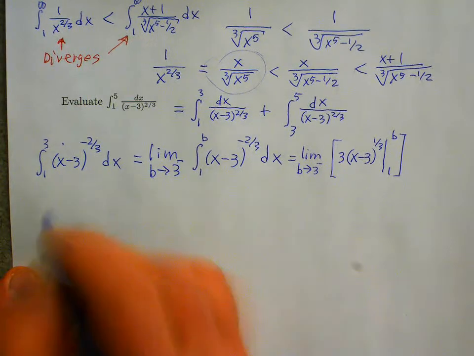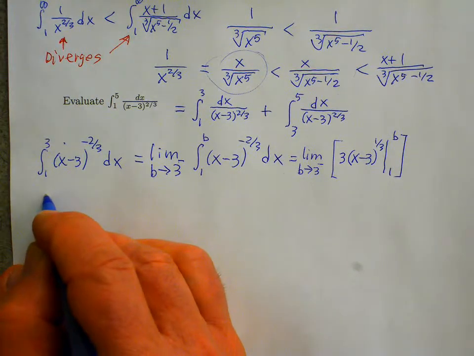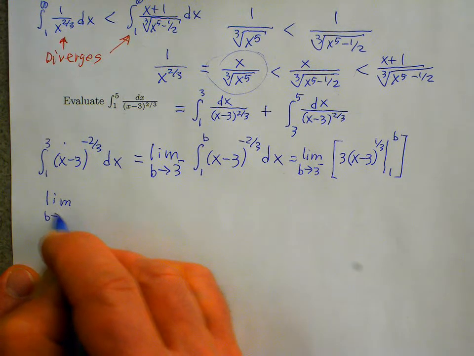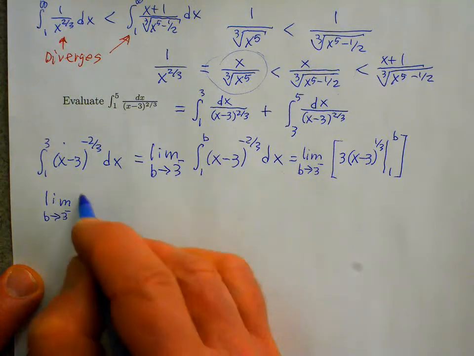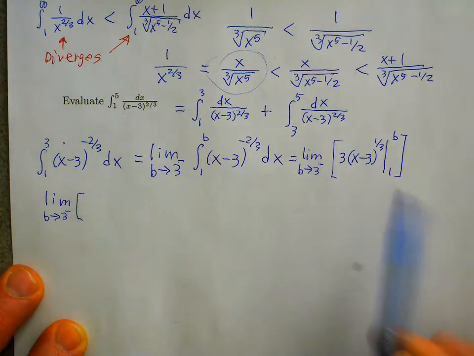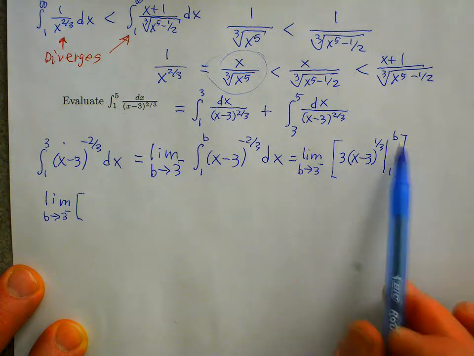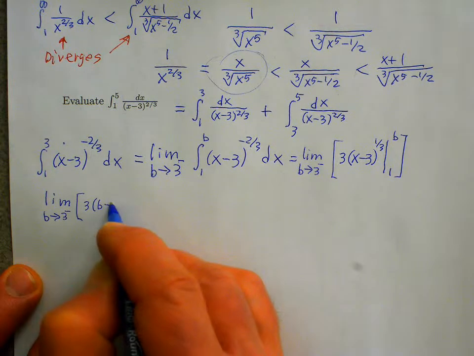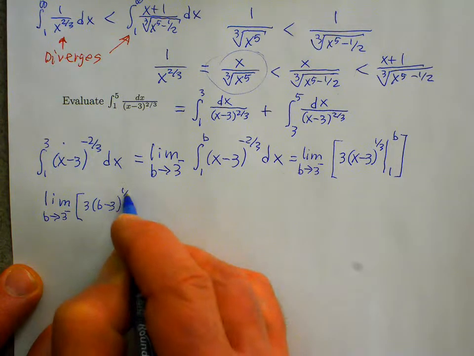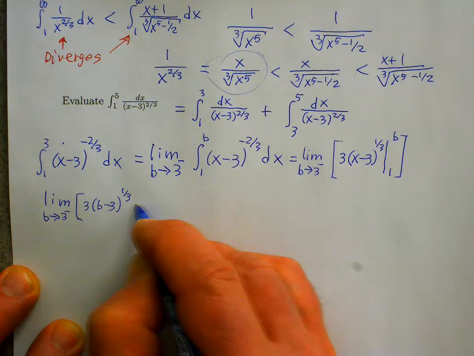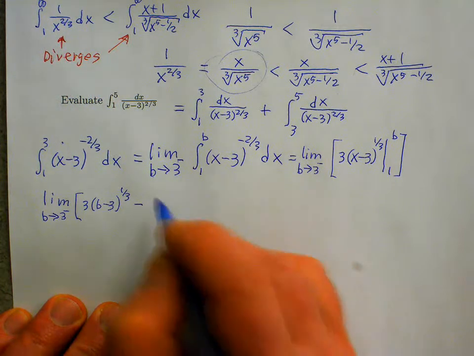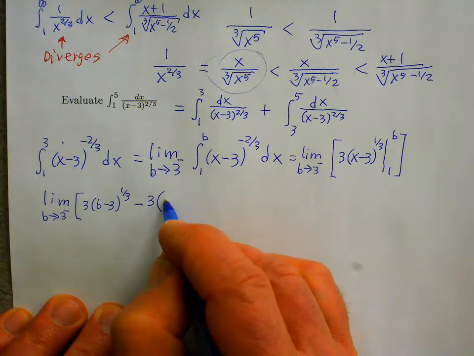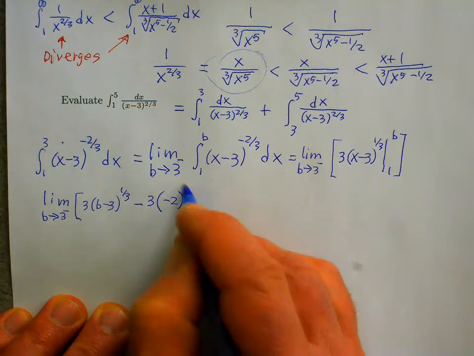So I'll take it to the next line. We evaluate this when x is b, so we get 3 times b minus 3 to the 1/3, and then minus 3 times 1 minus 3, which is negative 2 to the 1/3.